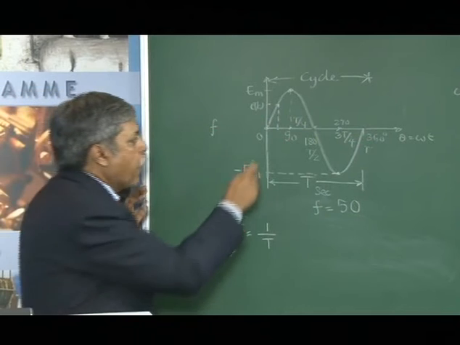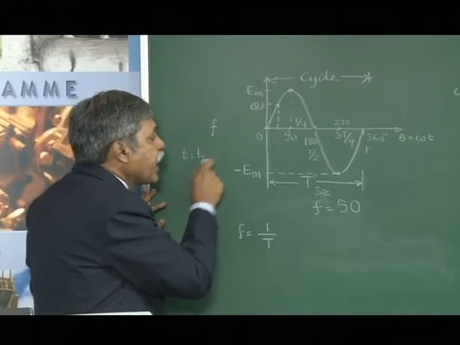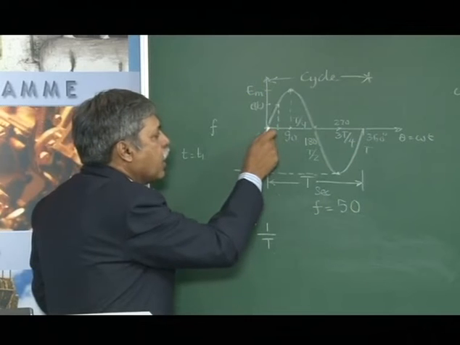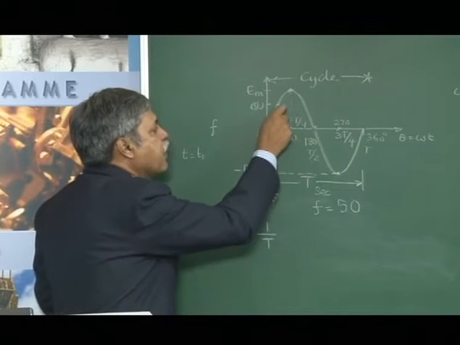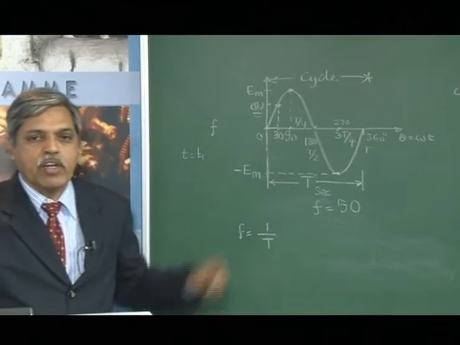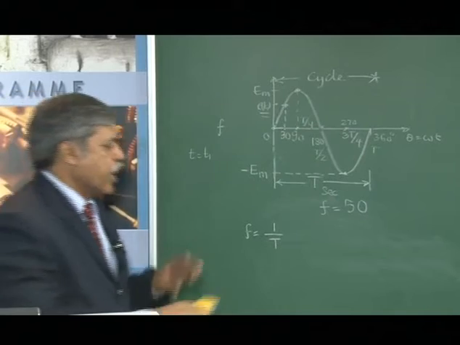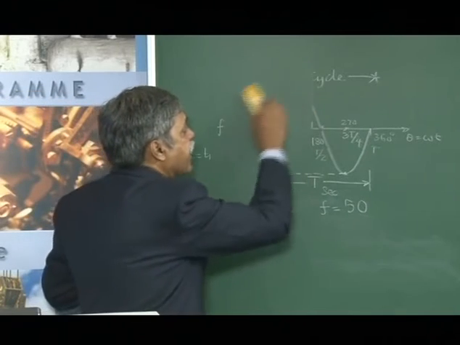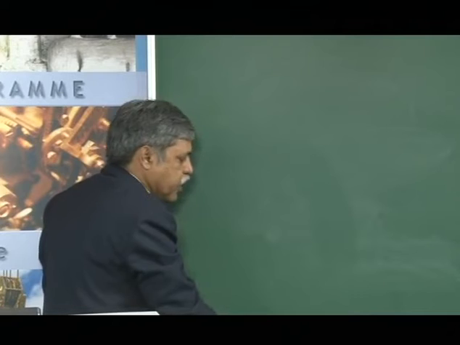By the time t is equal to t1 seconds, if the coil rotates by 30 degrees, I will be getting a voltage of e of t. The 30 degrees that I have, I call it the phase of the sinusoidal alternating quantity at that instant. What instant? At t is equal to t1 seconds.